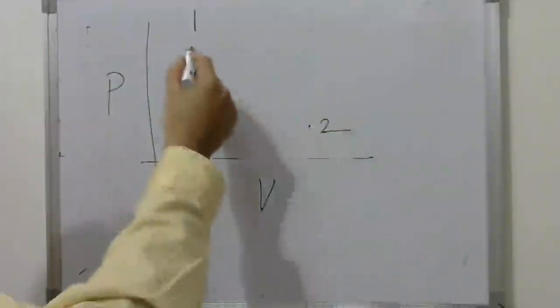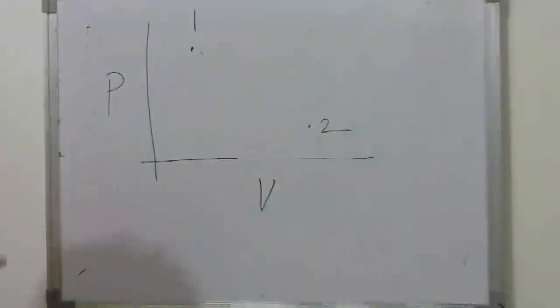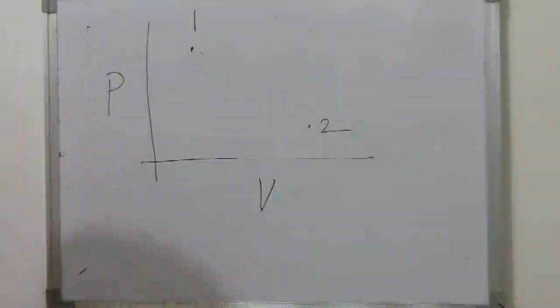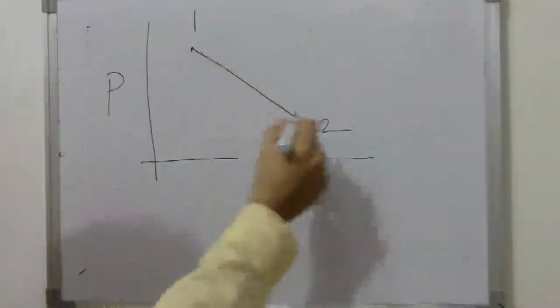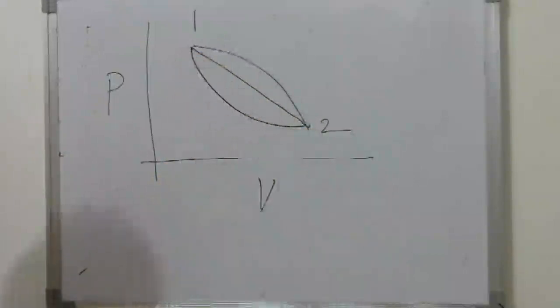If I want to reach state 2 from state 1, there are numerous ways I can. I can find a path like here, find a path like here, and find a path like here.